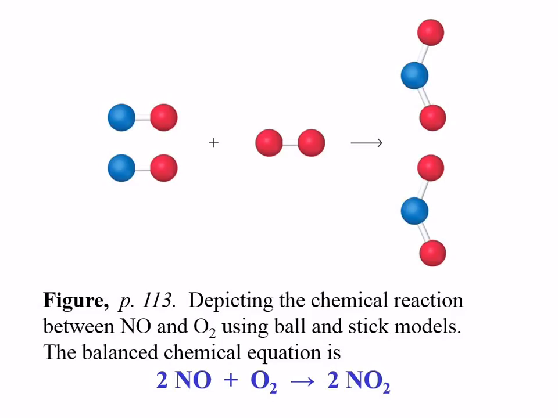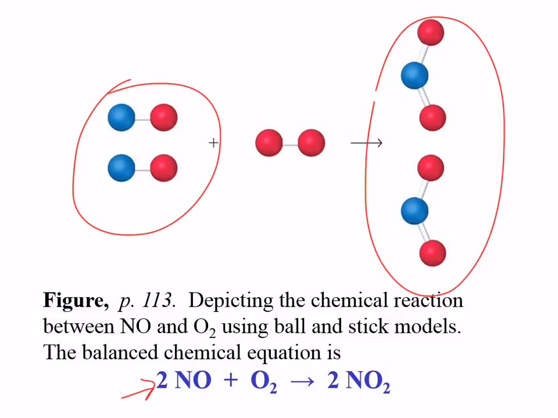And in general chemistry 2, we'll look a little bit behind the scenes at mechanisms, kind of stepwise, how that happens. But the point here, as far as balancing: this 2 is this 2, and these 2 units is that. And if we were to tally them up, and this is how we're going to balance equations, we go N on the reactant side is equal to N on the product side, O is equal to O.